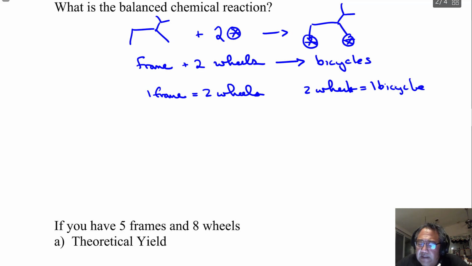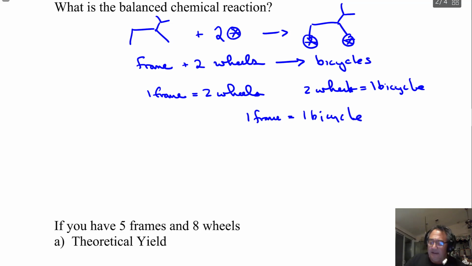Or I could write something that goes just between frames and bicycles. Then it would be 1 frame is equal to 1 bicycle. All right, so like that.